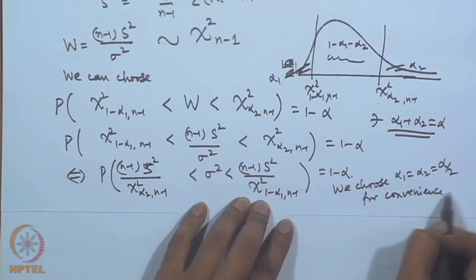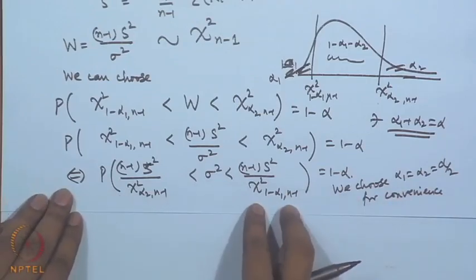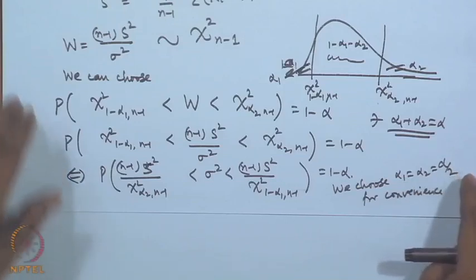What I am saying here is that we may actually get several intervals which will have the same confidence level 1 minus alpha, but for practical purpose one may fix this so that we can come to a unique solution. So, we choose alpha 1 equal to alpha 2 equal to alpha by 2.